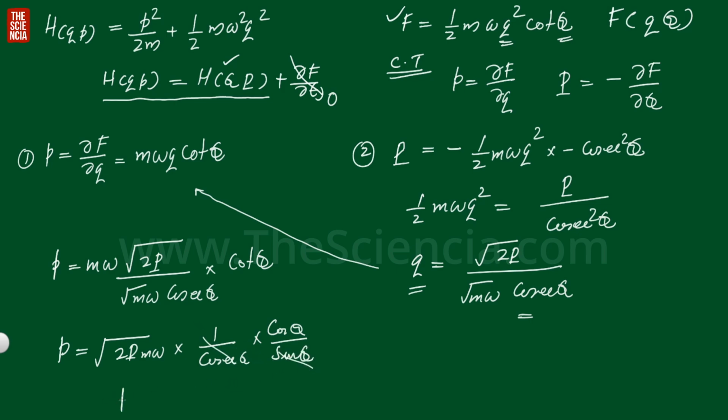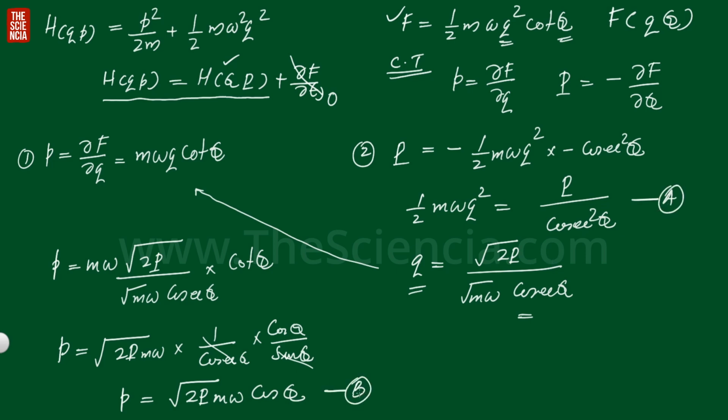So we get small p is equal to root 2P m omega cos Q. So we got two relations, one is this one and another one is this one.